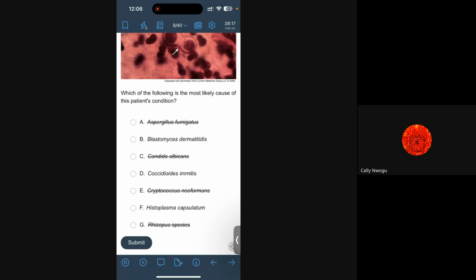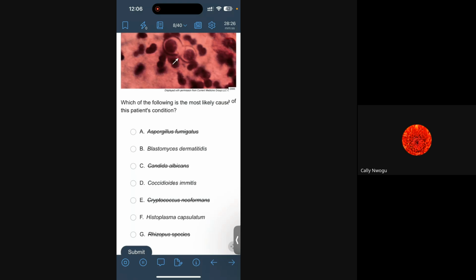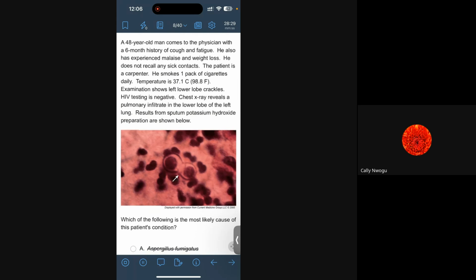We are left with three options: Histoplasma, Blastomyces, and Coccidioides. In Histoplasma, you have seen within the macrophages a large number of small round circles.